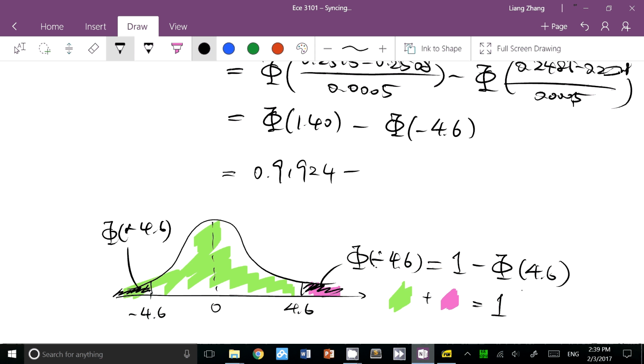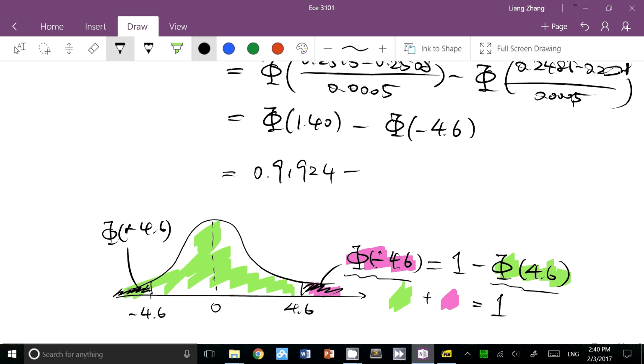The purple area is right here, and the green area apparently will be this guy. To figure out this purple area we're interested in, we only need to find this value.